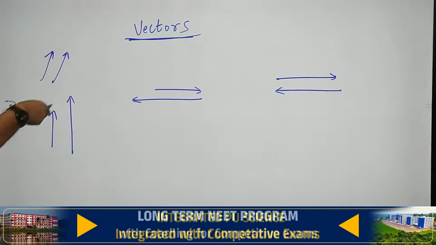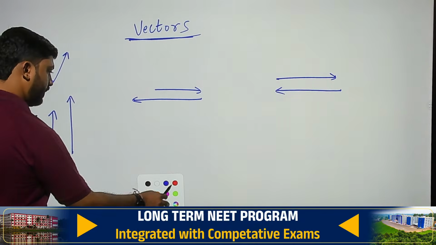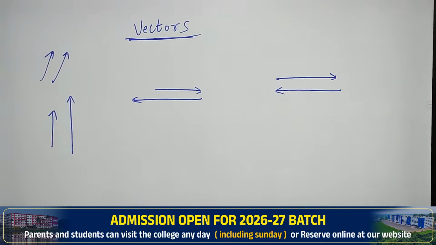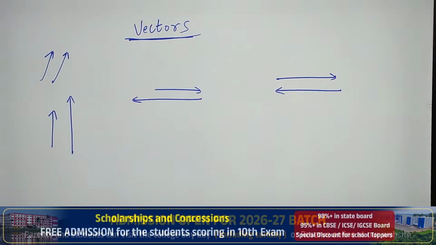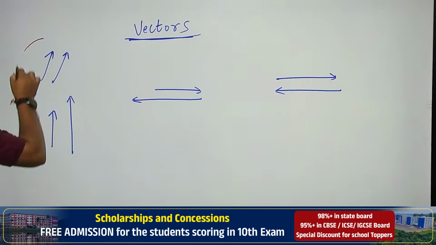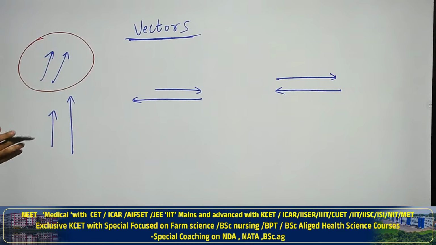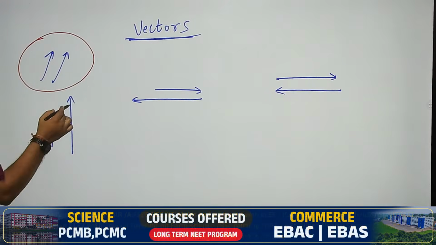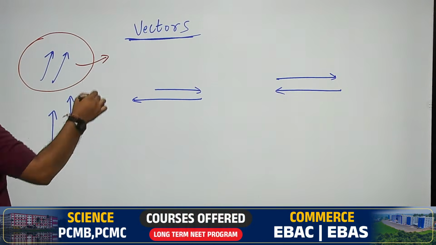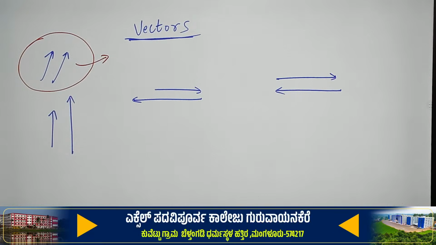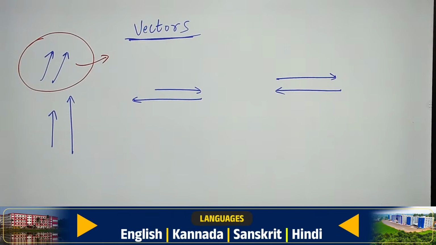Okay, I have drawn some pairs here. The first one, I have drawn two vectors here. These are parallel vectors.